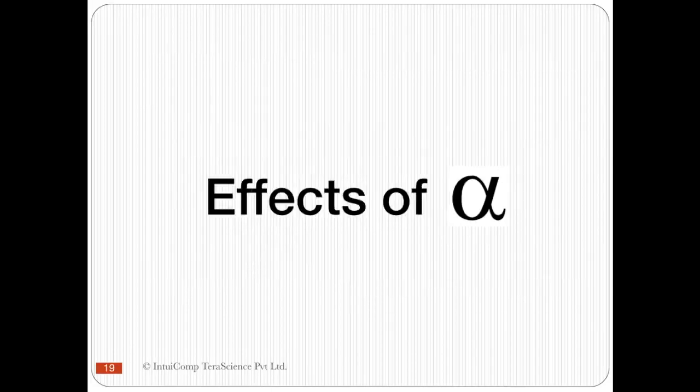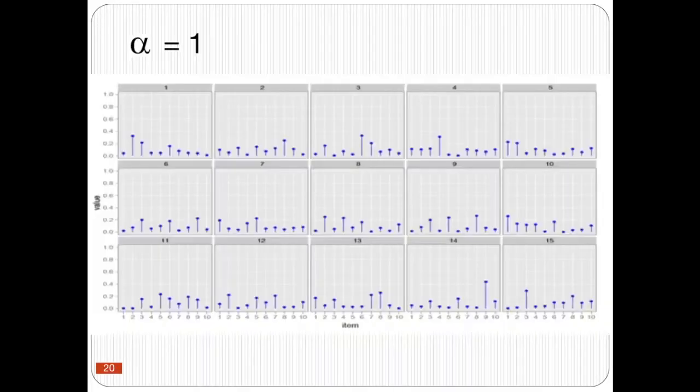For example, let us look at the effects of alpha. When alpha is equal to 1, you can see that we have picked these 15 probability distributions. Why would we need to pick 15 probability distributions? Because there might have been 15 different documents.